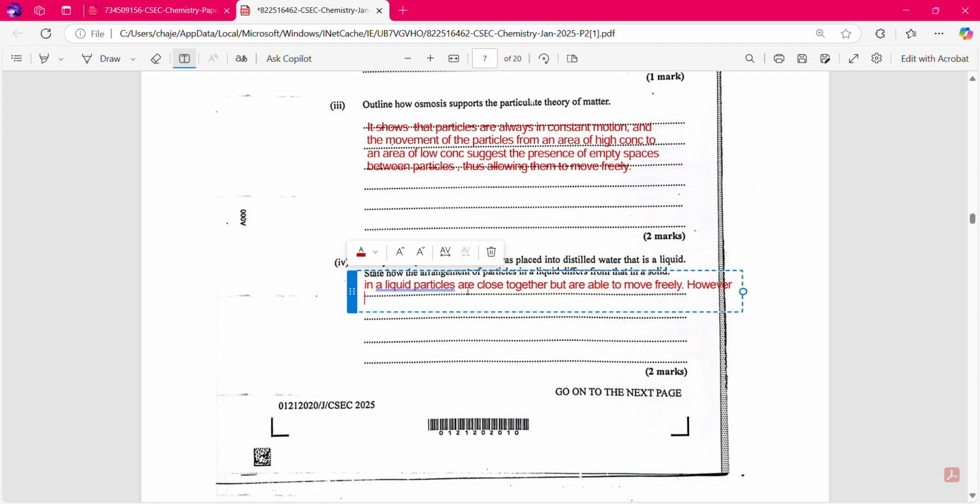However, particles in a solid are tightly packed and are closer together than in a liquid.